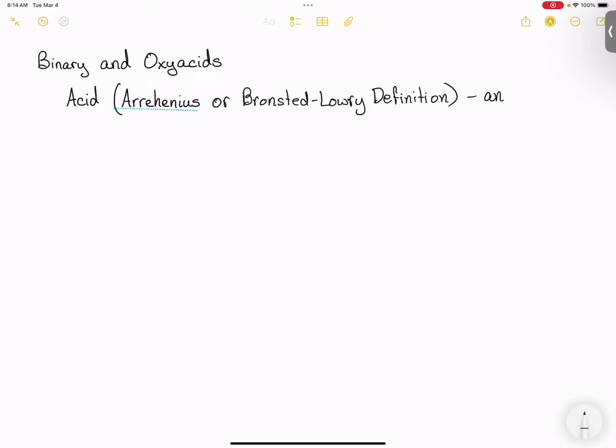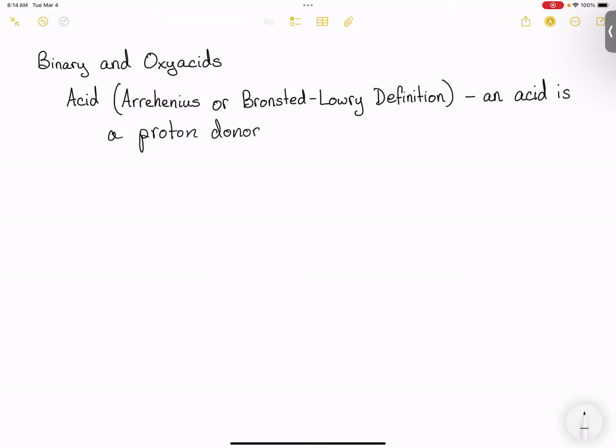an acid is a proton donor, meaning that it is going to give up an H plus.